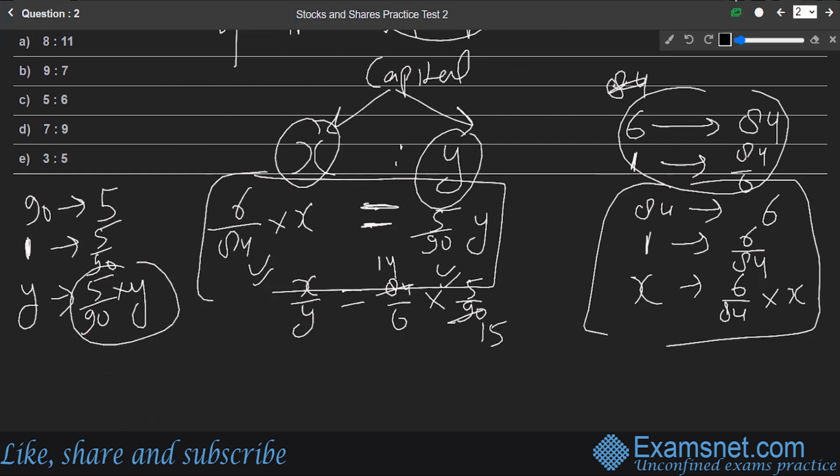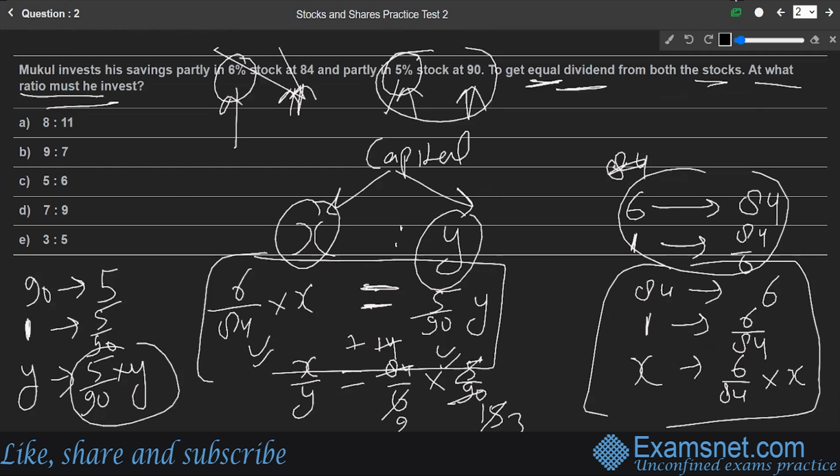Then 5 cuts 15 to 3, and 6 and 14 can be written as 7 by 2. Ultimately, the value comes out as 7 is to 9. So the required ratio x is to y is nothing but 7 is to 9. That is the right answer.